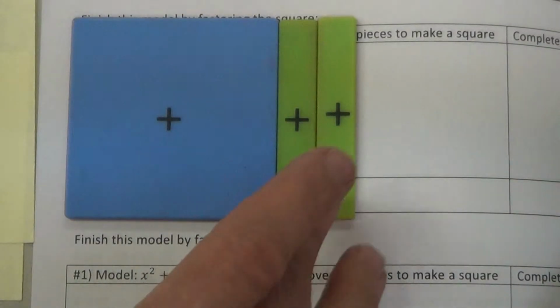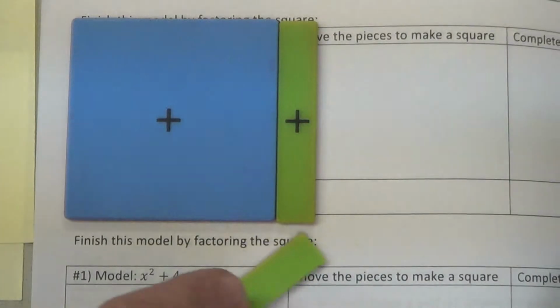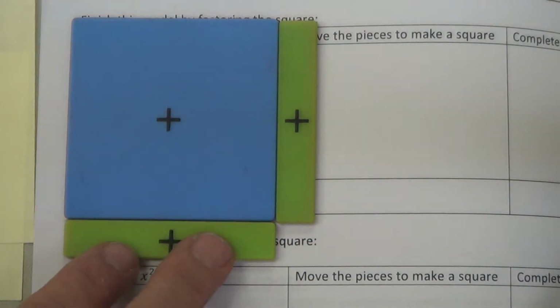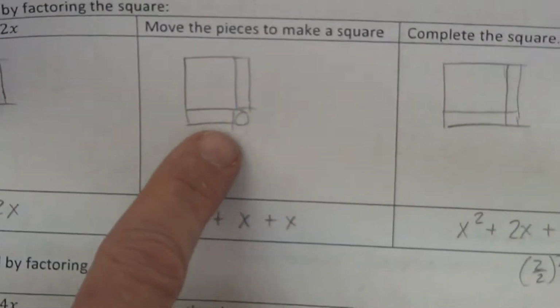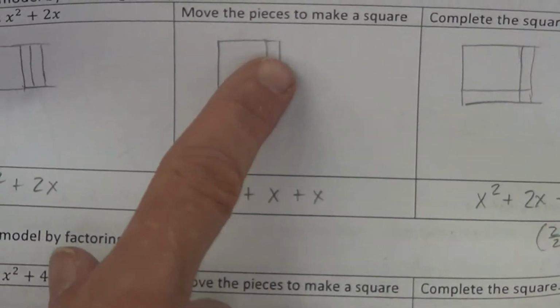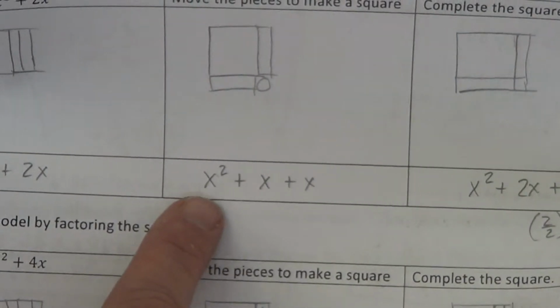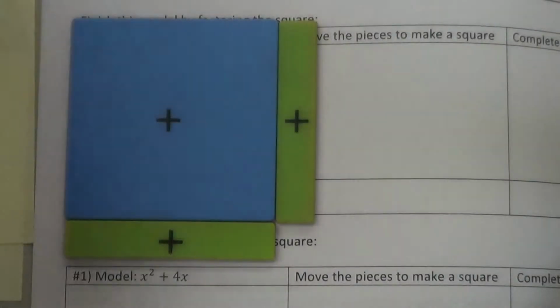Now the next thing we're going to do is split the x's in half so that we end up with an x squared and an x on each side. We write that as x squared plus x plus x.